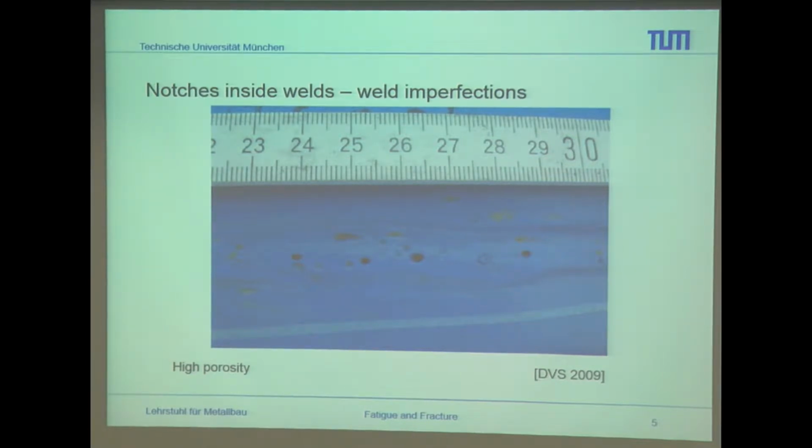This is not a properly welded seam, and due to quality management you have to say, please open it again, do it again, and make a really nice and proper weld seam.